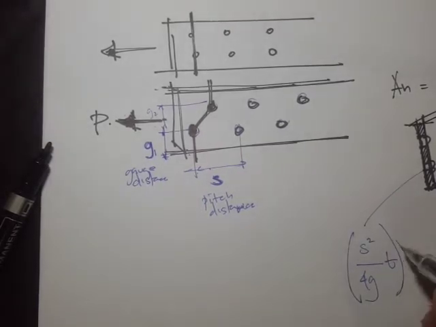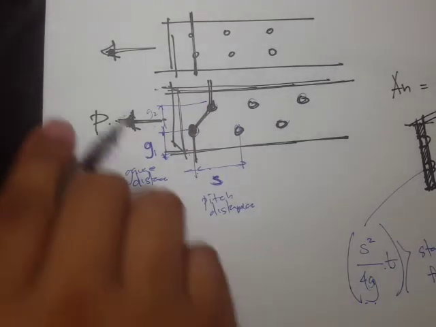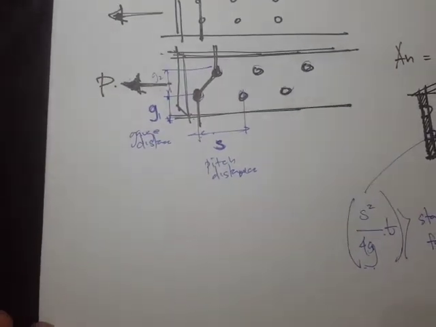This is what we call the stagger factor. So s squared divided by 4g, where g is the gauge distance, times d, the thickness, is going to be the increase in the net area.